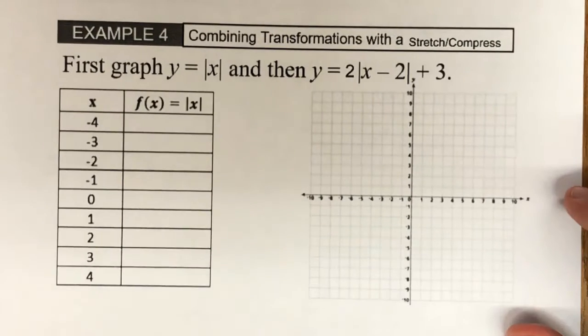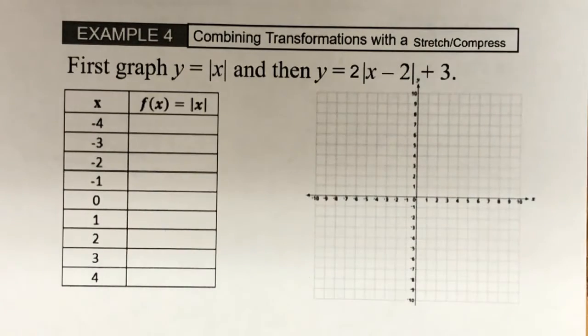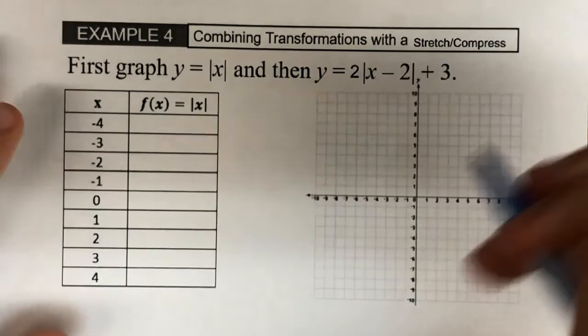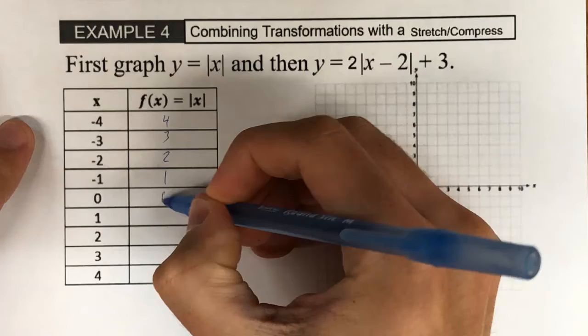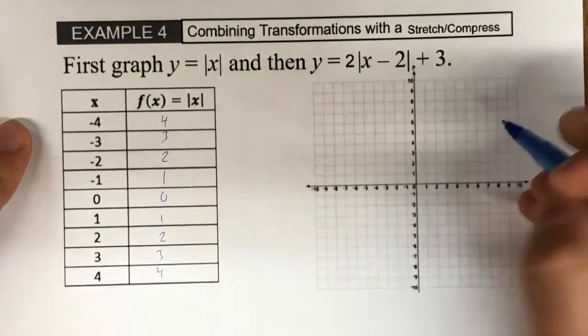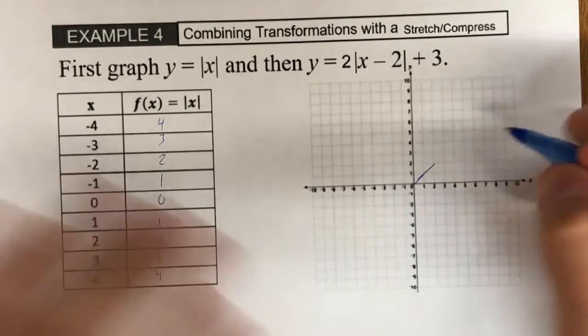Okay. The last thing we have, the thing we've yet to talk about here, are stretches and compressions. So with stretches and compressions, these ones can be a little tricky. So again, we're working with the absolute value function. So let's start just by plotting that.